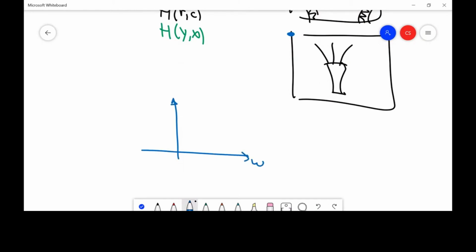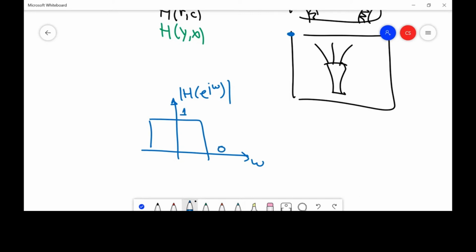I always do the plots in one dimension because those are easier to make, but you can imagine that this has rotational symmetry. If you want to make it 2D, you simply have to take this one and rotate it, right? So this would be the ideal low-pass filter.